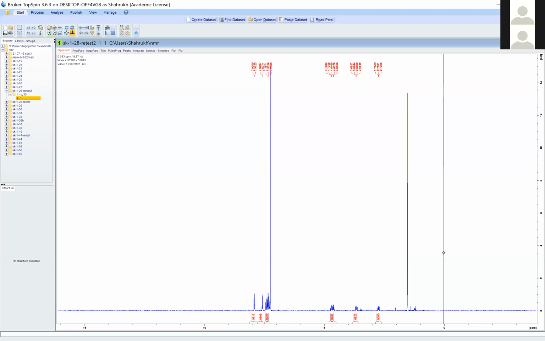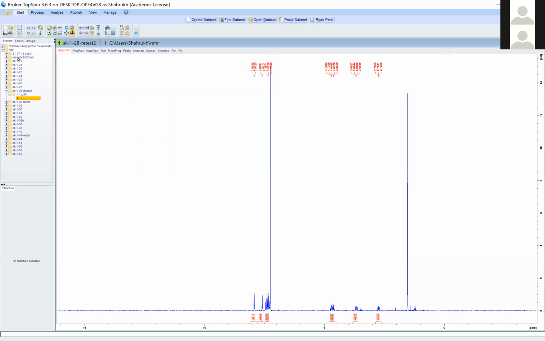Okay, so this is the Bruker-Thompson program here, right? These are actual NMR spectra that I've processed or taken, really. So you see I have a bunch of different things I've tested.